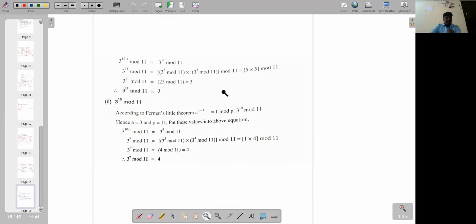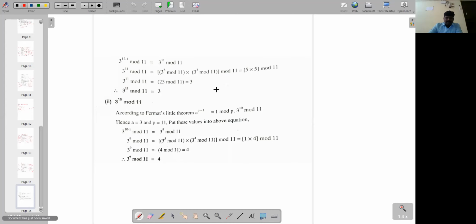Okay, I hope this is clear. If you want, I can explain further. It is very similar. Yes. If the question is asking, for example, what is 3 raised to 10 mod 11, so why are we finding 3 raised to 9 mod 11? Pardon?